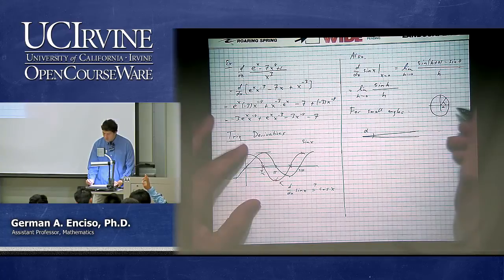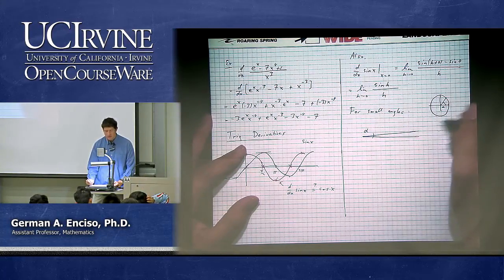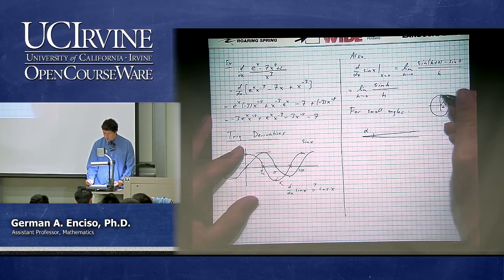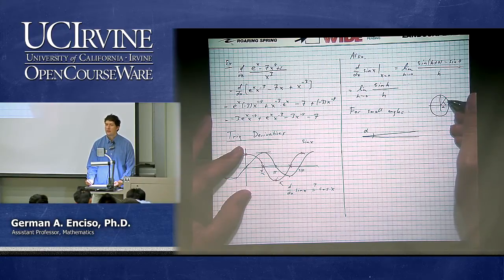Well, what is the length? What is the circumference of the whole circle? It's 2 pi, right? Unit circle, remember. So what is the length of this arc stretch from here to here? It's 1/4 of that, right? It's pi over 2. And what is the angle in radians? It's pi over 2, right?